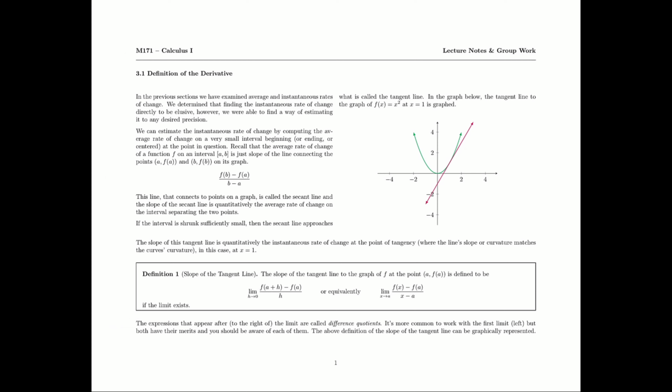And we can define the instantaneous rate of change as a limit of average rates of change where those intervals over which the averages are taken contain the point where we desire the instantaneous information.